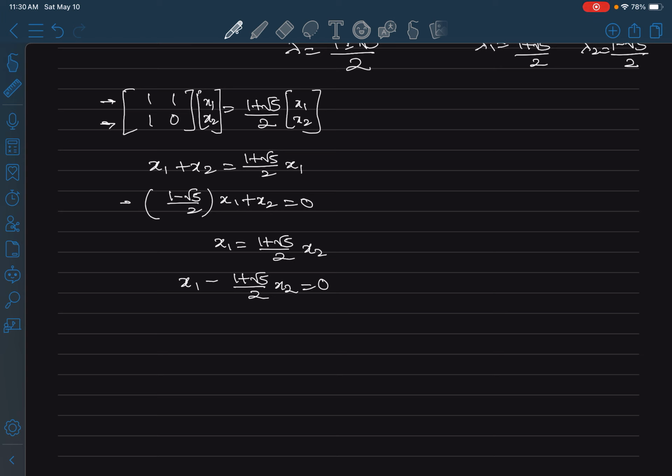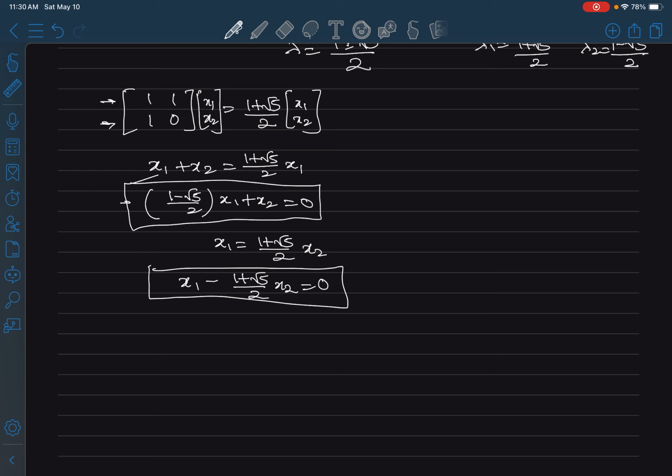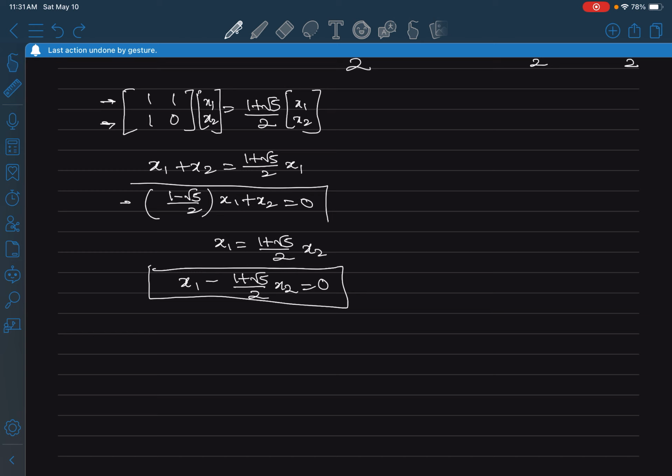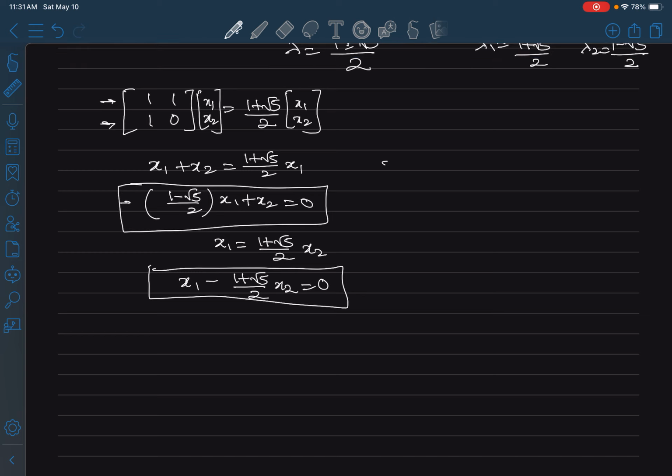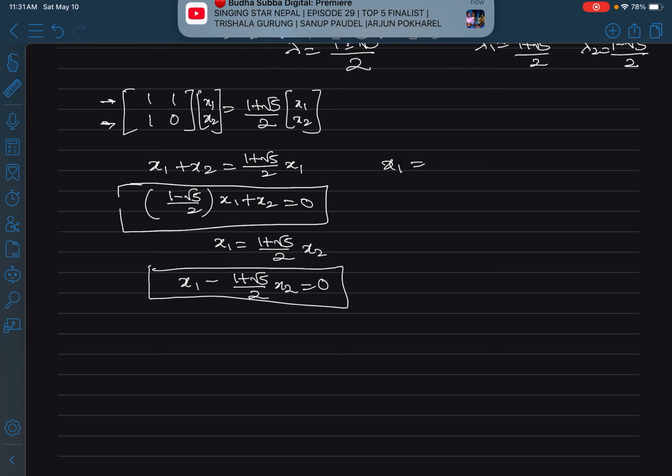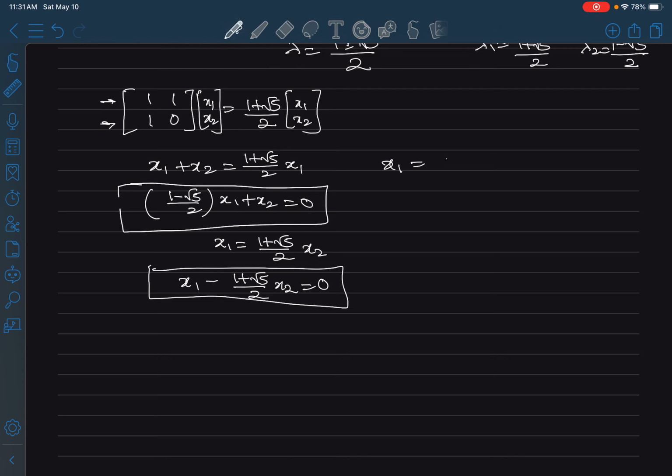Now, what can I actually use here? Okay, notice that let's try to solve one of them, and it easily happens that the other is automatically solved. So to solve the first equation, we can choose x1 to be, this is not a minus sign, okay? We can choose x1 to be 2 by (1 minus root 5) and x2 to be negative 1, right?